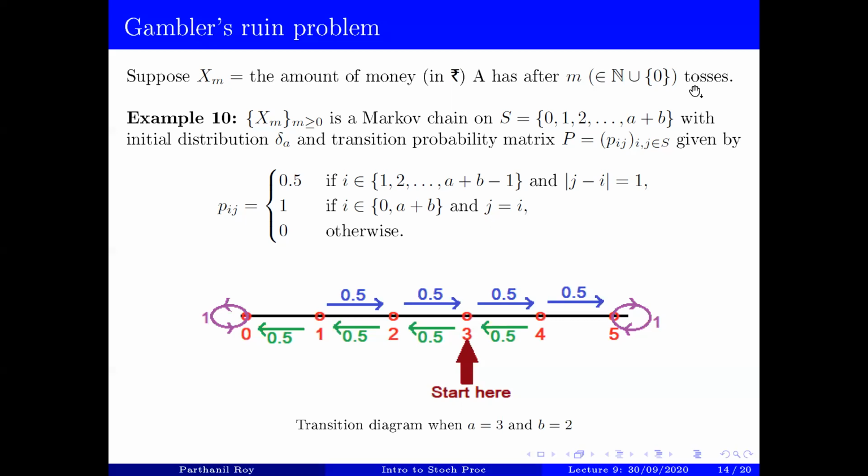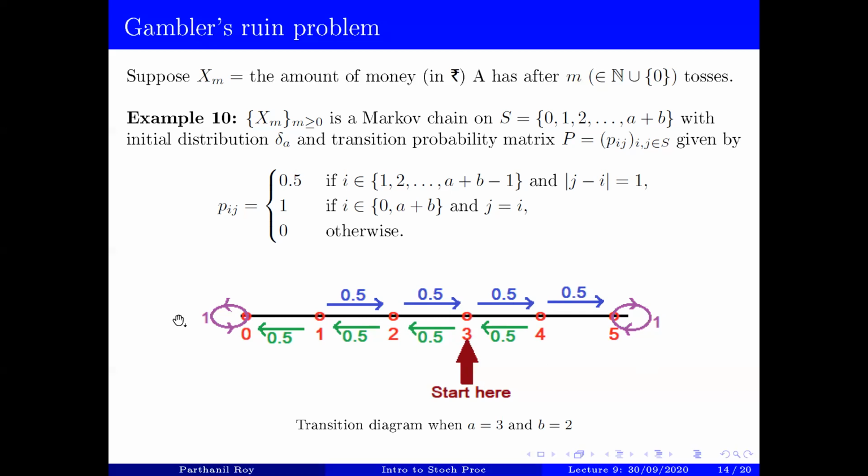Similarly, you could have done it for B also, but I just chose A. Now, if you're at any of these values, 1, 2, 3, or 4, any of these interior values, not the boundary or terminal values, then you either go to your neighbor on the left side or the neighbor on the right side with probability half and half respectively. This is true for all of them: 1, 2, 3, and 4.